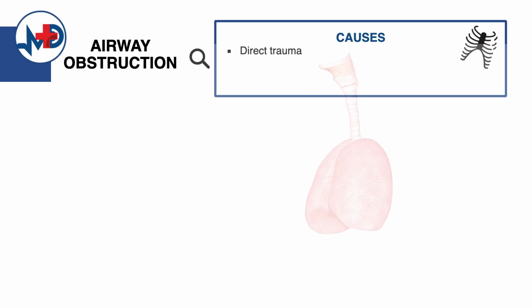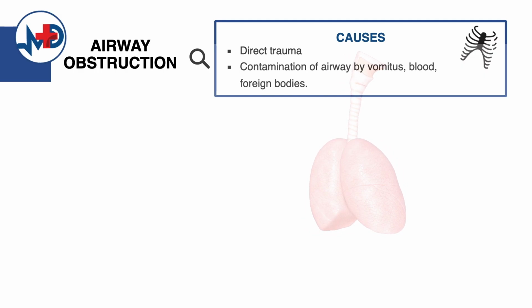structures, loss of pharyngeal tone, incorrect positioning, or contamination of the airway due to debris such as vomitus, blood, teeth, or other foreign bodies. Clinical manifestation-wise, we can divide it into partial or complete airway obstruction and at-risk airway.